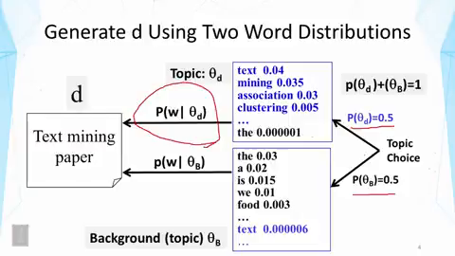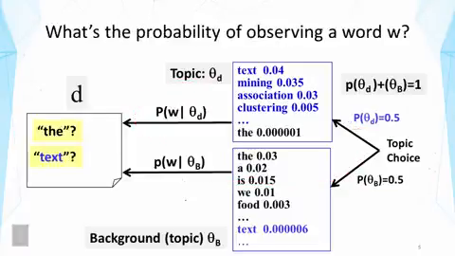Otherwise, we might be going through this path, and we're going to use the background word distribution to generate a word. So in such a case, we have a model that has some uncertainty associated with the use of a word distribution. But we can still think of this as a model for generating text data. And such a model is called a mixture model.